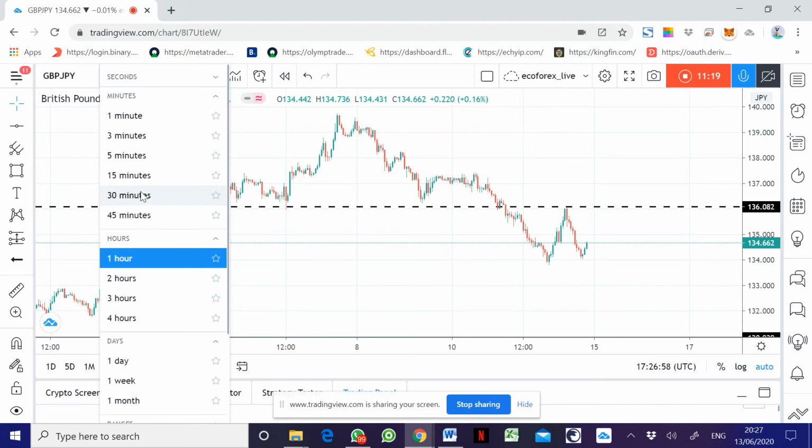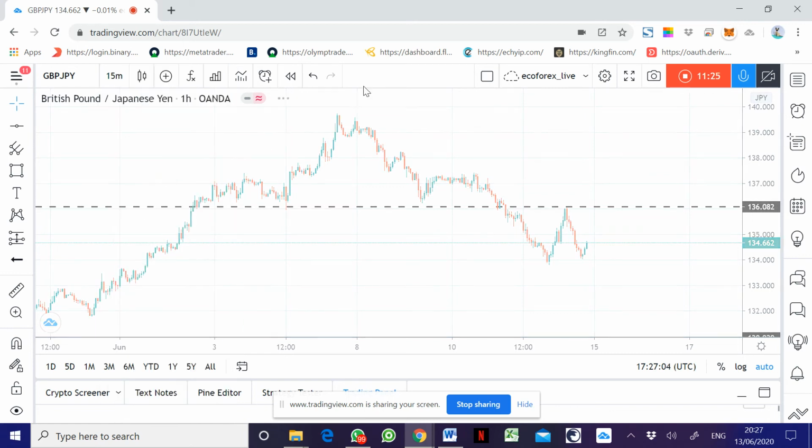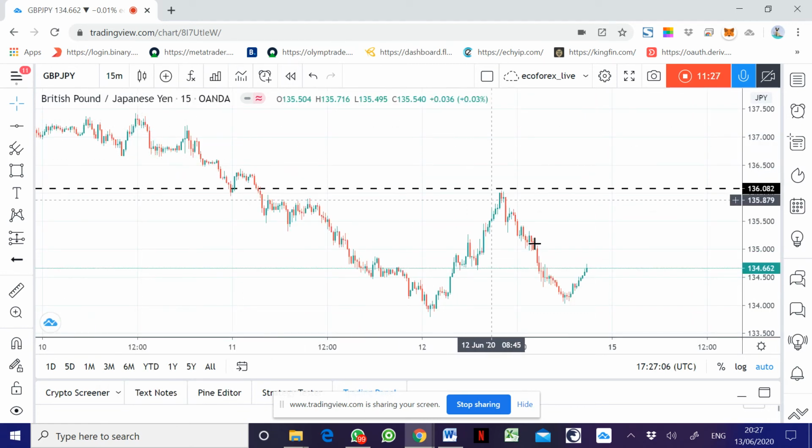So when you want to get in, when you want to execute a trade, you should look on the smaller time frames for where to enter.